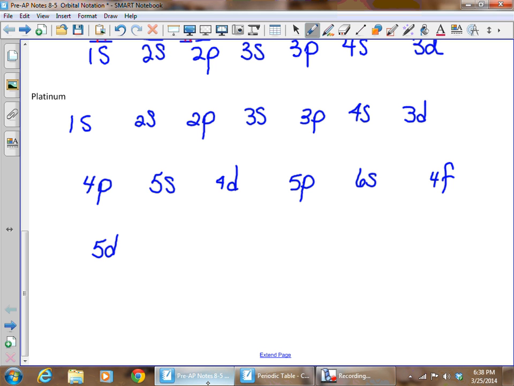Now go in again and put the orbitals above. All of the s's get 1, so put 1 orbital for all of the s sublevels. All of the p's get 3. The D's, remember, get 5.